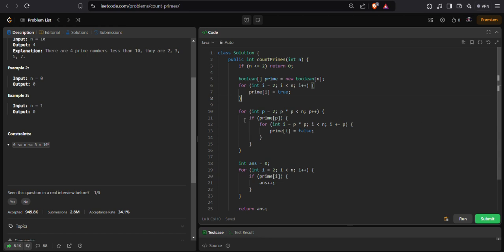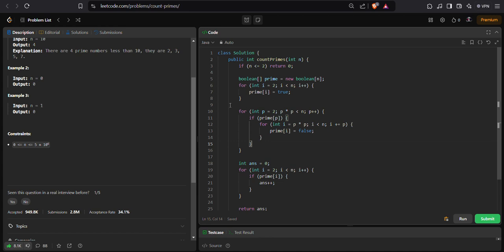We will perform our next for loop only if that number is prime. Say, initially 2 is prime, so we'll be marking all the numbers that are multiples of 2 and less than n, and we will be skipping i plus equals p, which means we are skipping p times the integers, and we'll be marking all of them false, as non-prime numbers, right?